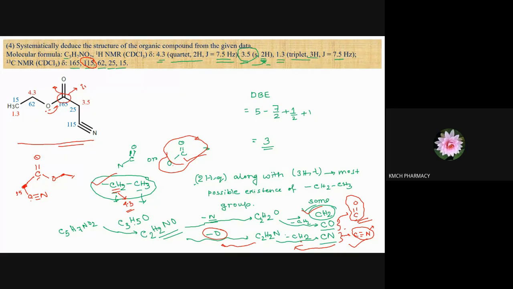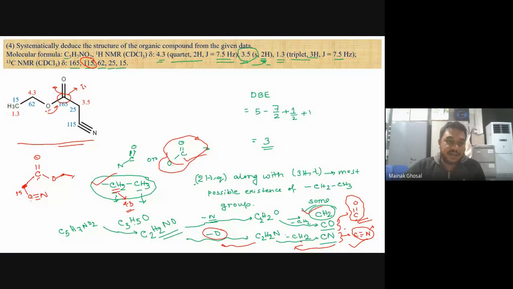But yes, you are correct. If its lone pair is involved, it will actually push its electrons towards this carbon. So when there is some ester functionality, if the electron is involved here, it will increase the electron density.